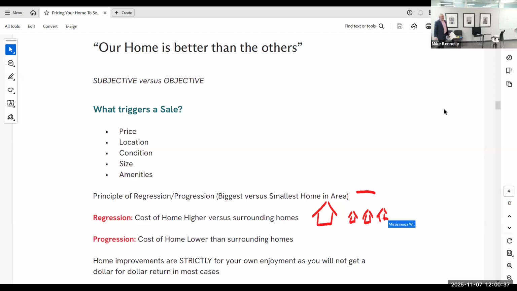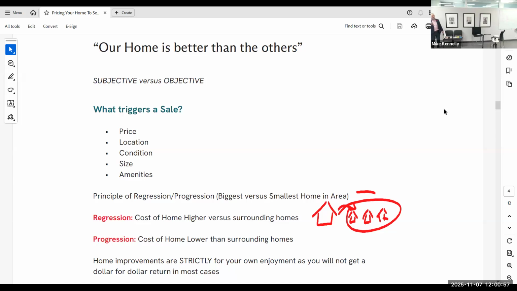In the principle of regression, your home is regressed, unfortunately, because of the smaller homes. Now you're probably going to want to do the reverse of how I just did that. I'm just doing that dramatically for you to think about, because the way I just did it insults them, right?